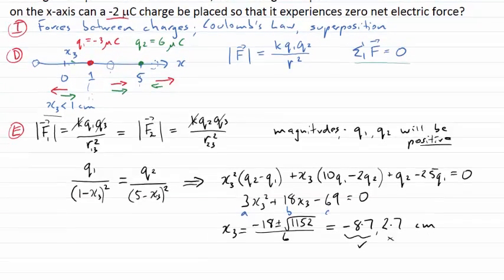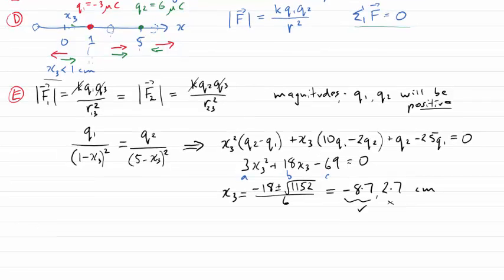Now let's give ourselves a little bit of extra space here to complete our solution with an assessment step. Let's assess to see whether our solution actually makes sense. One quick and easy way to do that in this particular example is I can now straightforwardly calculate the size of the forces from each of these charges on our third charge.